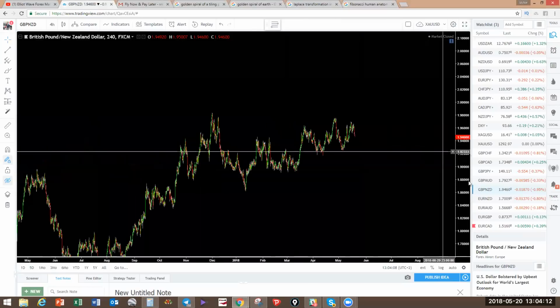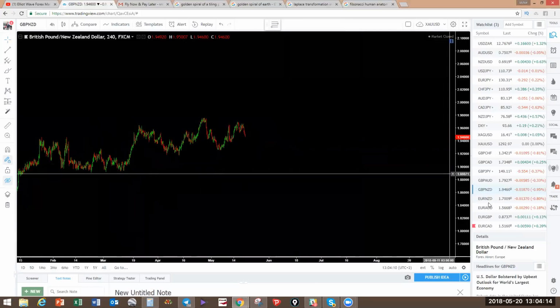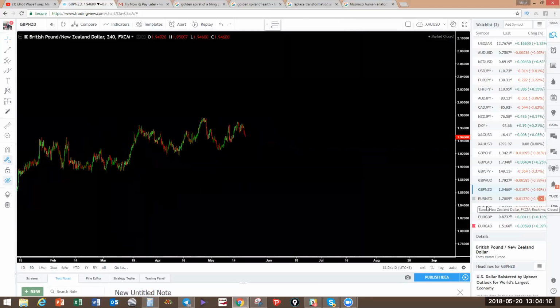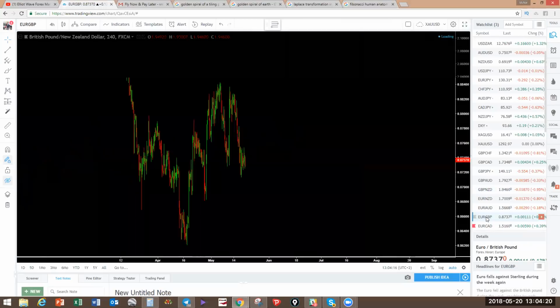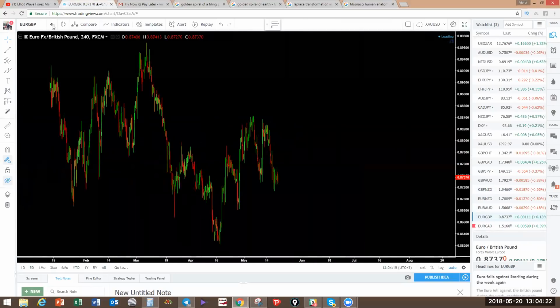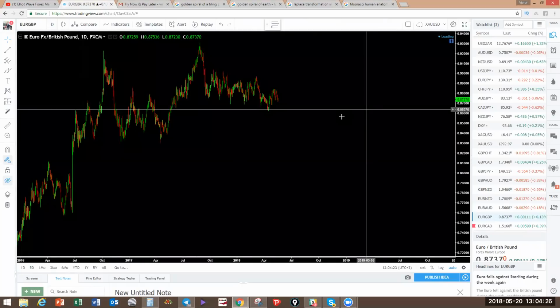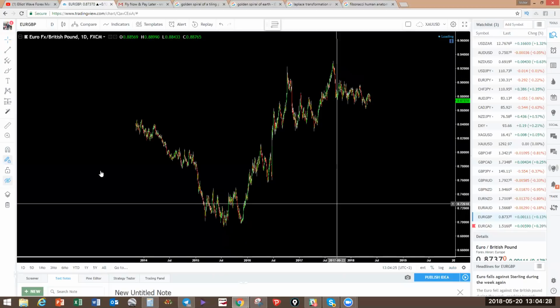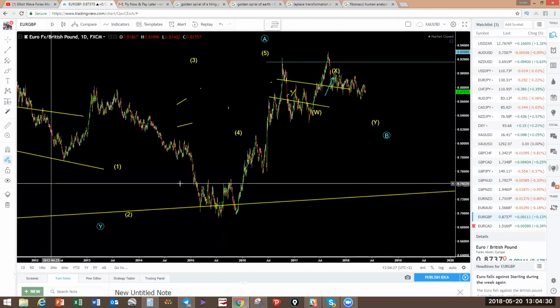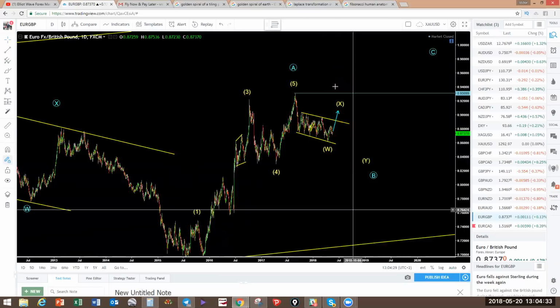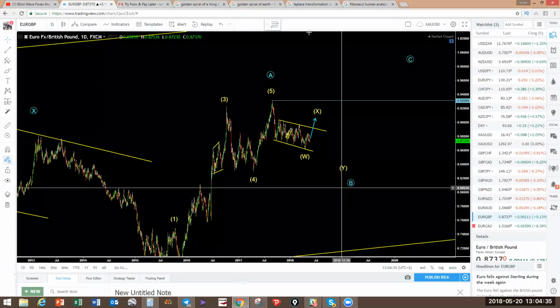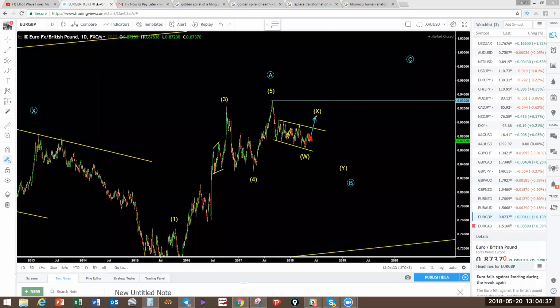Now we can start with the euro pairs, and we'll start with euro pound. Okay, euro pound, go daily. So euro pound, if you just see the levels there, I'm expecting a move to the upside to complete this corrective structure here.